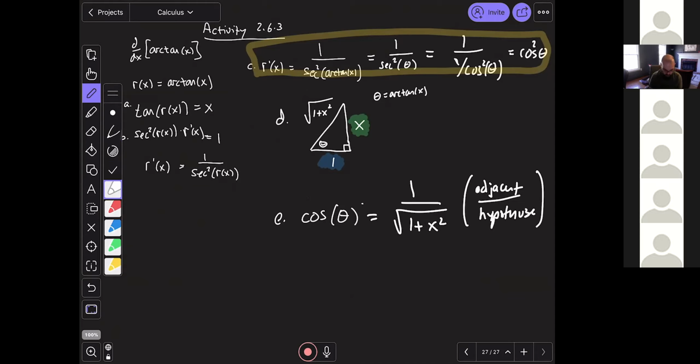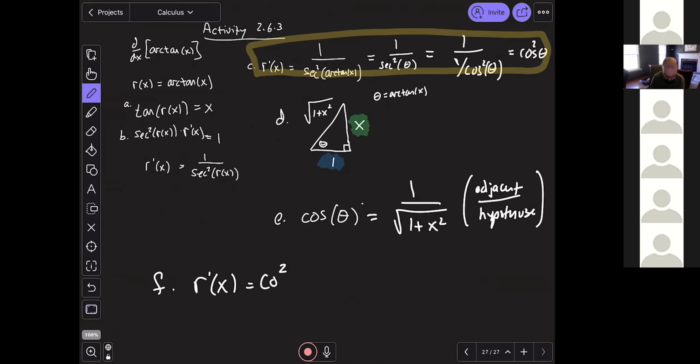Okay, so finally, what we can say is r prime down here on the bottom. This is part F. R prime from above we said was cosine squared of theta, which ends up being 1 over the square root of 1 plus x squared, all of that squared.